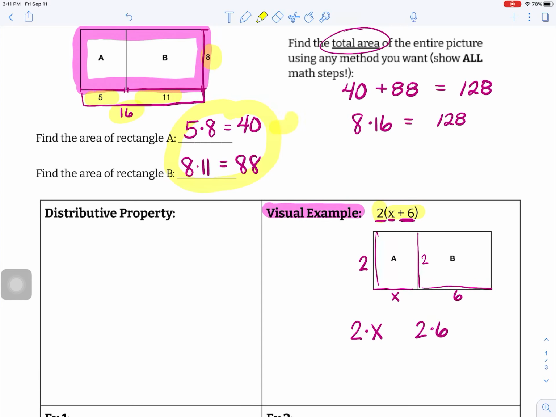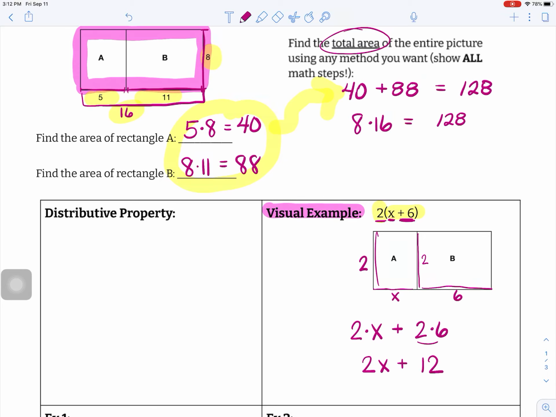When we were doing this broken down process before, then to find the total area, I did have to add them together. So I'm going to add them together also. Now, we know that 2 times 6 is 12, but I don't know what x is, which means I don't know what 2 times x is, which means it's just going to stay 2x.